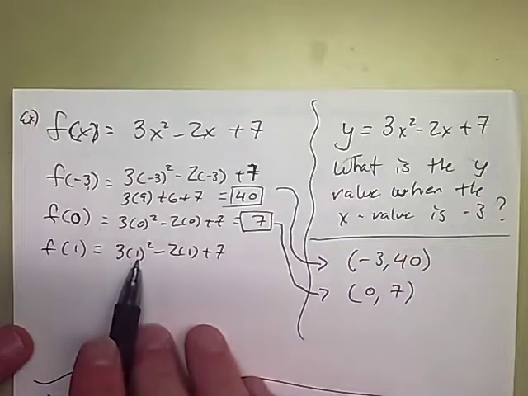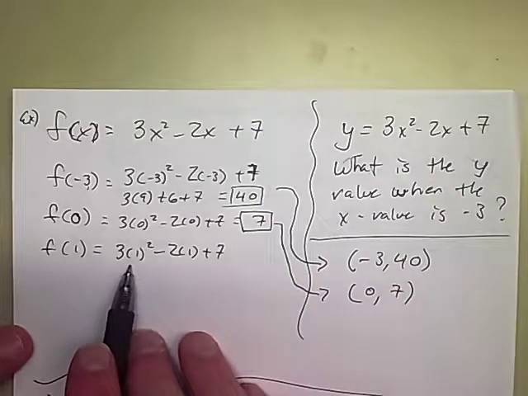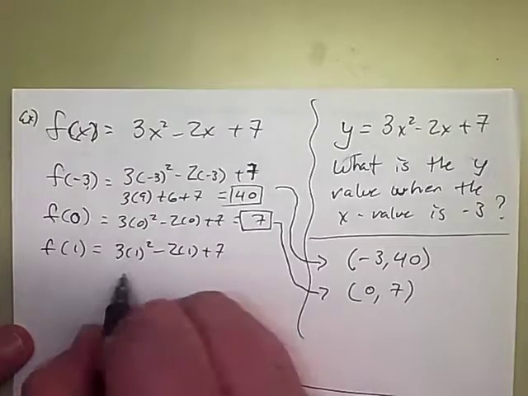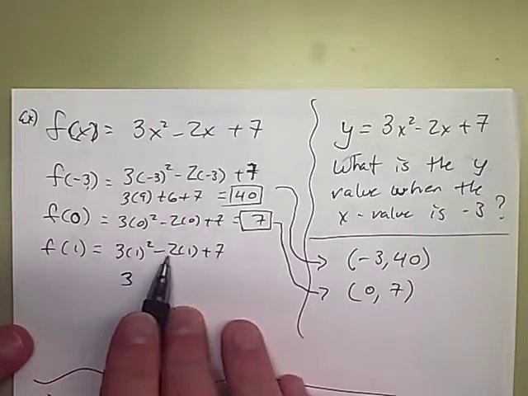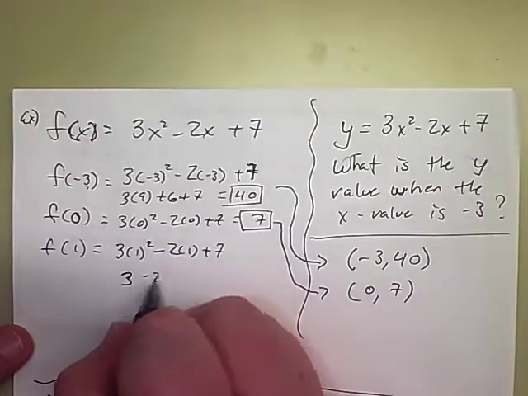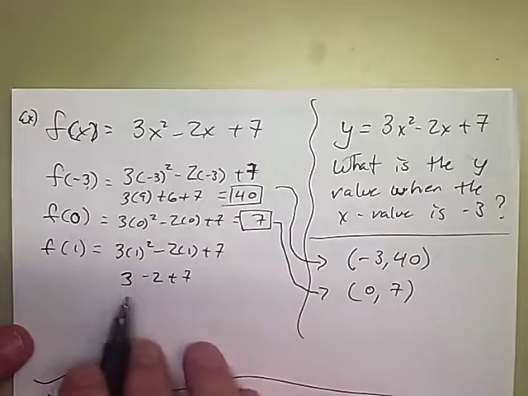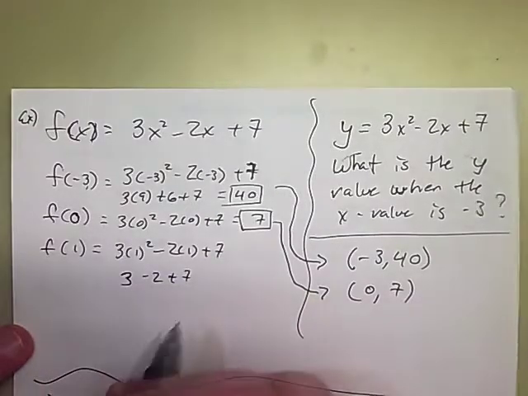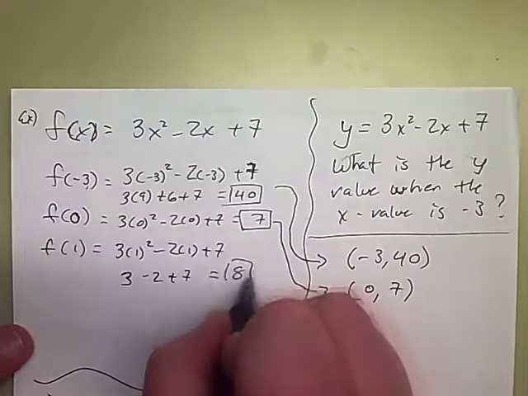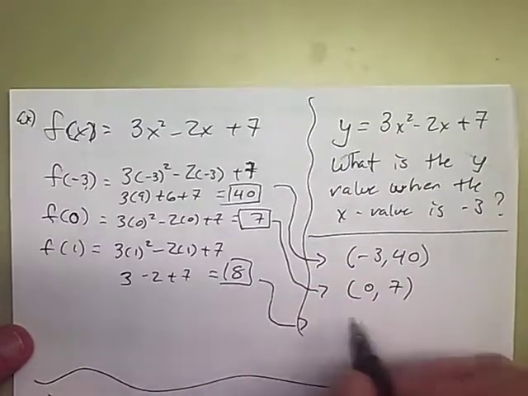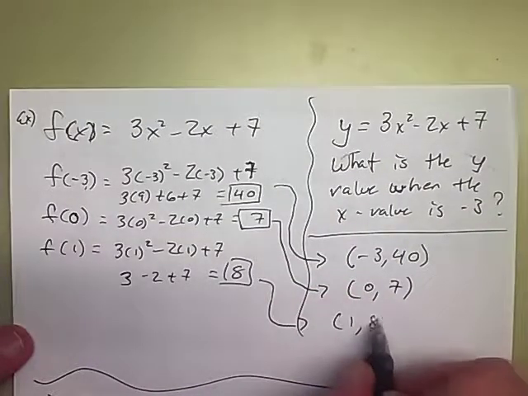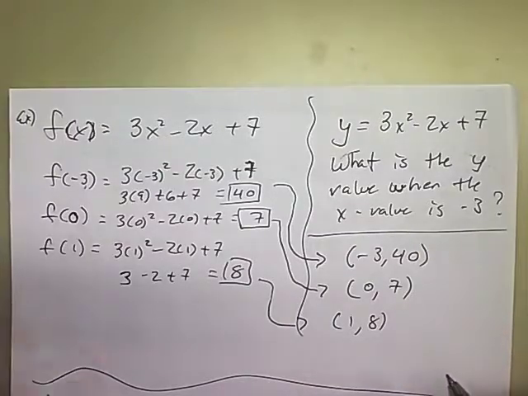Well, 1 squared is 1, and 3 times 1 is 3. Then -2 times 1 is -2, plus 7. 3 minus 2 is 1, and 1 plus 7 is 8. So that corresponds to the point (1, 8) on the graph.